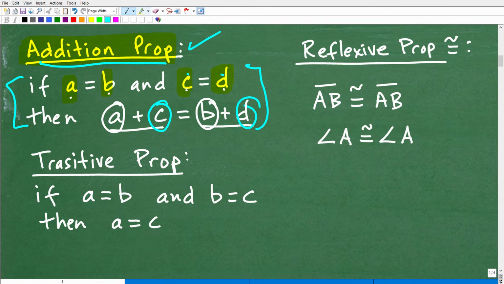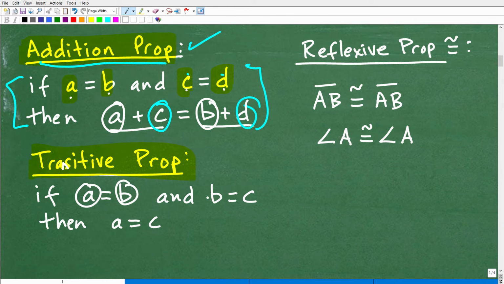Okay, all right. So let's take a look at another example of a property in algebra, and this is the transitive property. I'm missing a little N here. Transitive property. So the transitive property, big property. So here is the transitive property. If A equals B and B equals C, then A equals C. So it makes sense, right?